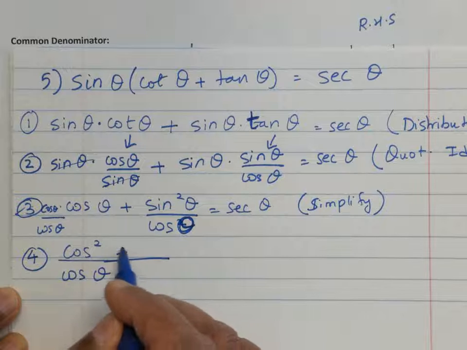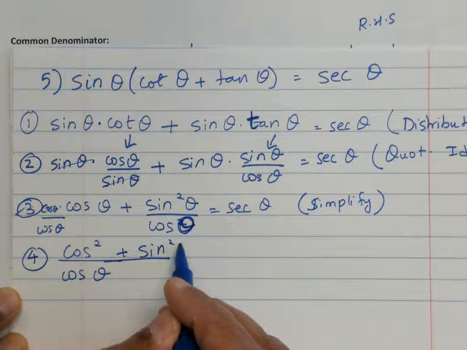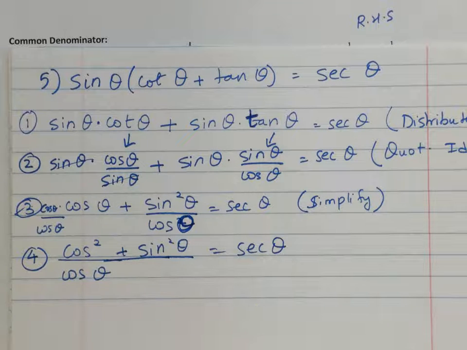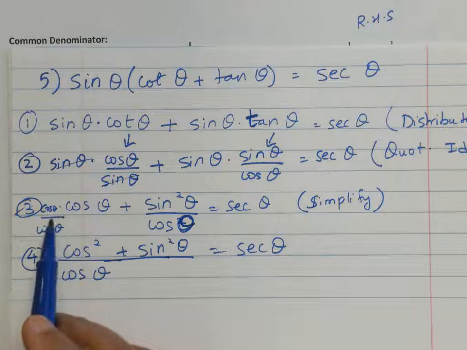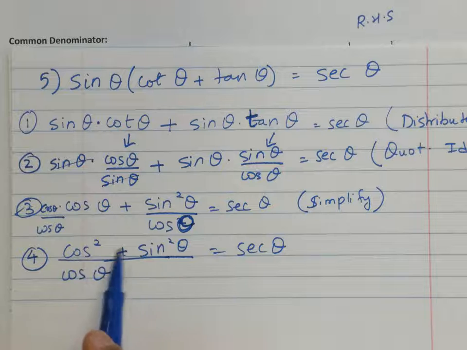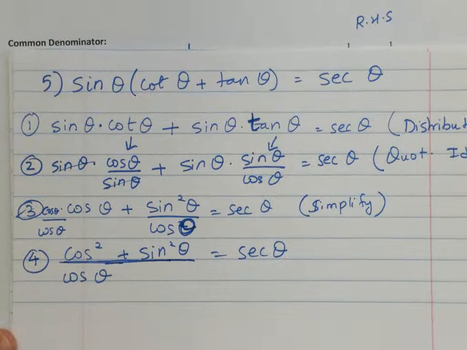I'm going to write this as one denominator, and this is just sine square theta. Did everybody understand step 4? So the first term becomes cosine square theta because you multiply top and bottom with cosine theta. This one I don't have to do anything, so this just stays as sine square theta. Common denominator is cosine theta.